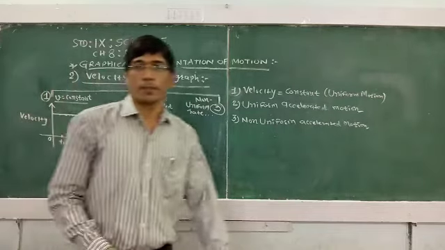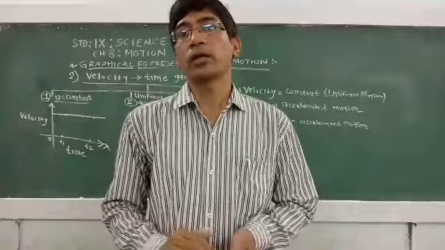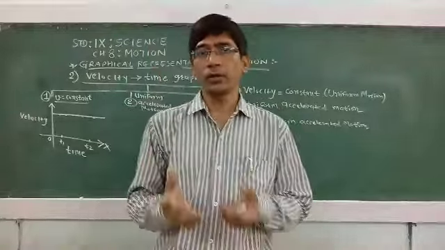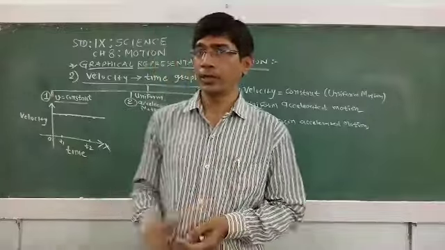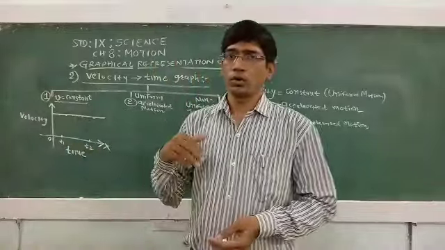So in this case, velocity versus time graph, if the velocity is constant, then from the graph v versus t, we can also get the distance covered by the object in the given time interval t2 minus t1. So how can we get the distance from the graph v versus t?